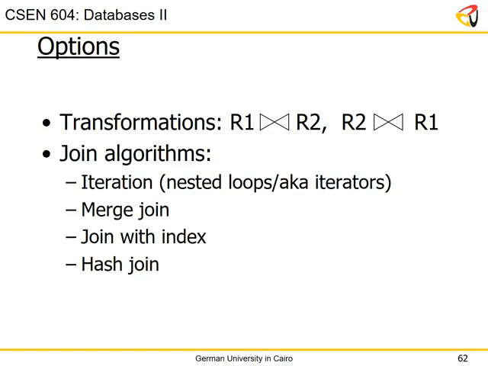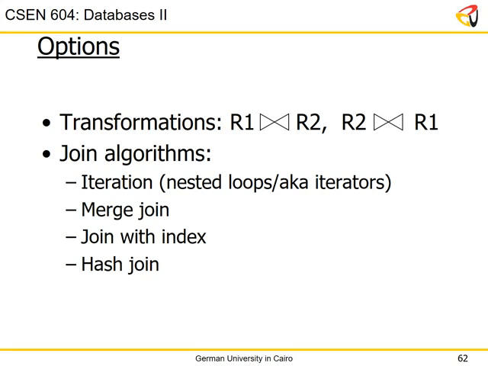So if we look at the join as a very popular operation in the SQL world, we have 4 options. When a database engine gets a SQL statement that has a join, it has 4 options: iteration join, which is a type of sequential scan, or a merge join, or an index join, or a hash join, the ones we described earlier.